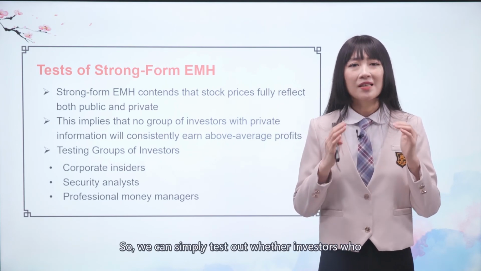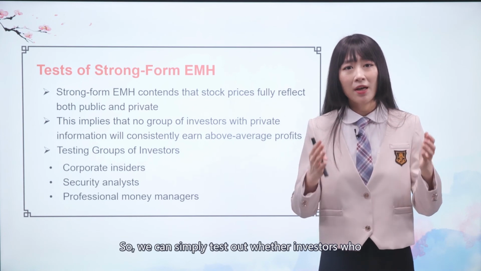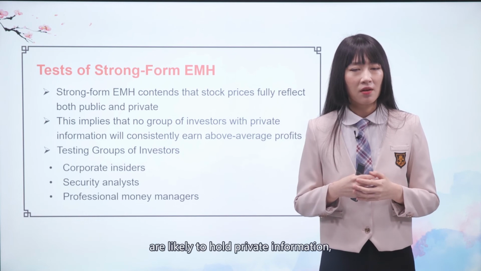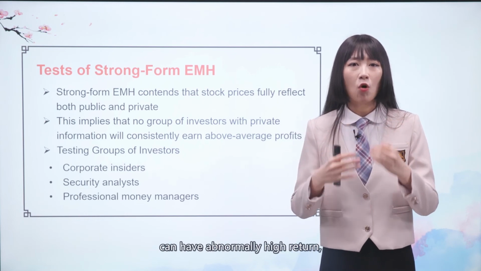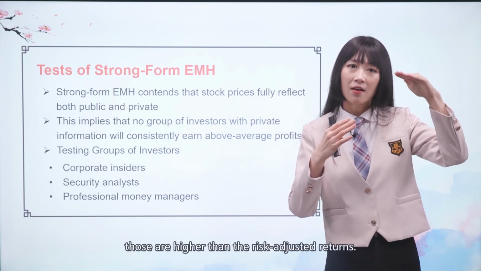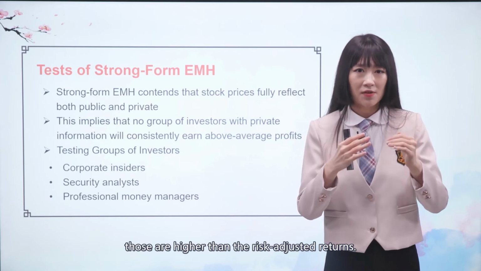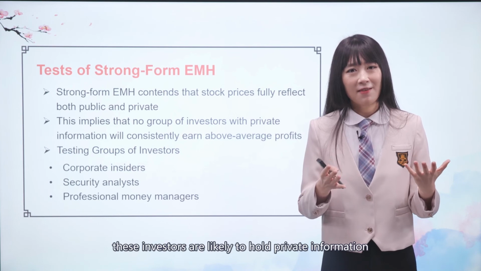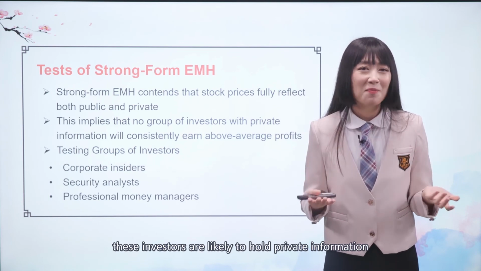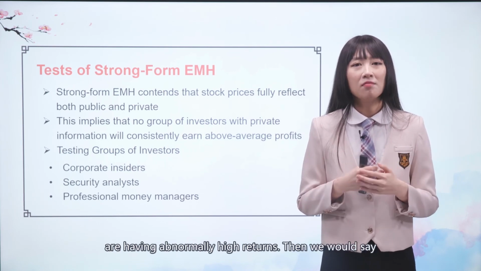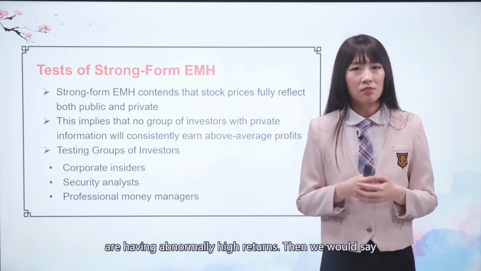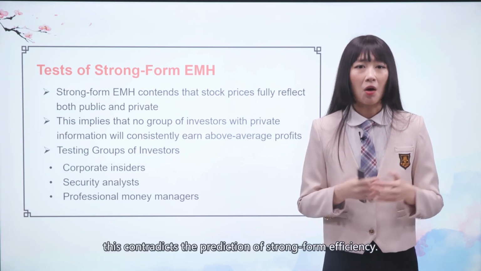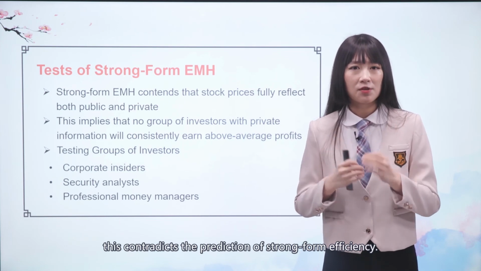So we can simply test whether investors that are likely to hold private information can have abnormally high return, those higher than risk-adjusted returns. So if we identify that these investors who are likely to hold private information are having abnormally high returns, then we'd say this contradicts the prediction of strong form efficiency.